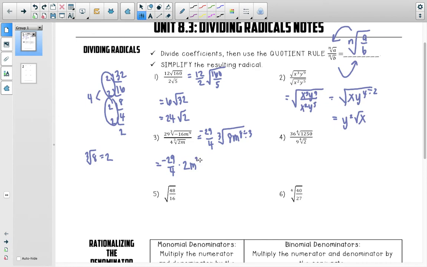So 2, and then you're going to have the cube root of m squared on the inside. Now we're not quite done with this problem because we need to simplify. The 4 and the 2 would cancel and leave you with 2 on the bottom. So you're left with negative 29 over 2, m to the 2nd power, and then the cube root of m squared. Okay?